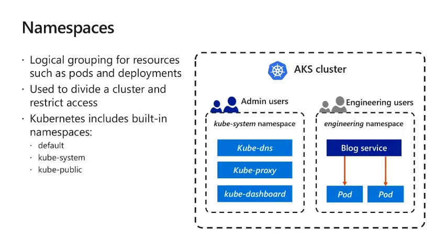Default is the namespace where pods and deployments are created by default when none is provided. In smaller environments, you can deploy applications directly into the default namespace without creating additional logical separations.